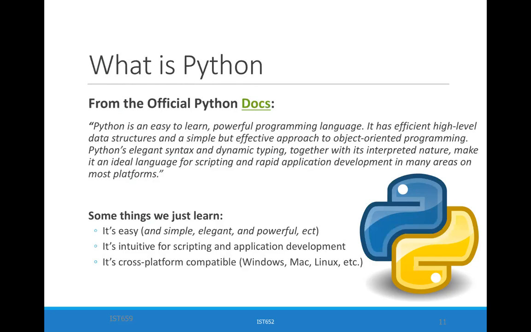Python's elegant syntax and dynamic typing, together with its interpreted nature, make it an ideal language for scripting and rapid application development in many areas on most platforms. So what does that all mean? It's easy, it's intuitive, and it's cross-platform compatible.